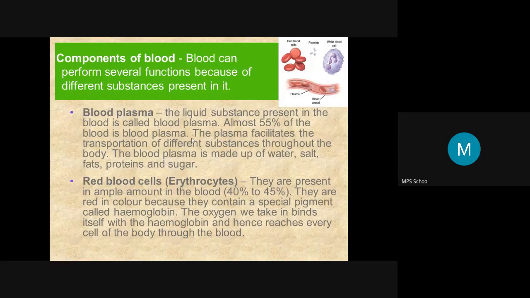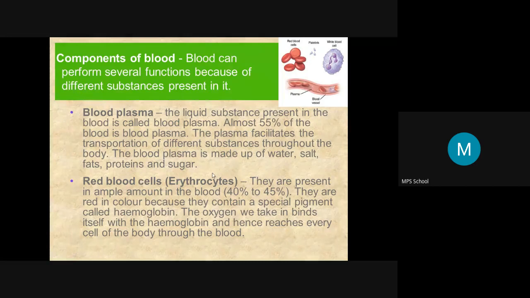And what are the components of the blood? We have seen in the previous slide. The same I have mentioned here: blood plasma. So what is present in the blood plasma? The liquid substance present in blood is called blood plasma. Almost 55% of the blood is the blood plasma. If you are taking 100 ml of blood, 55 ml will be the blood plasma.